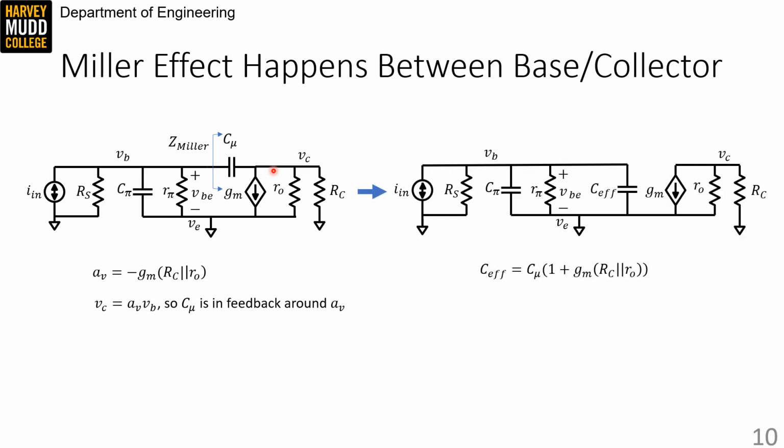Doing so gives us this schematic where Cf, instead of being a C mu connected across here, is instead a Millerized C mu attached to ground. And this is just the Miller equation. Right, we have 1 plus the gain, and we're adding it because the gain here is negative.